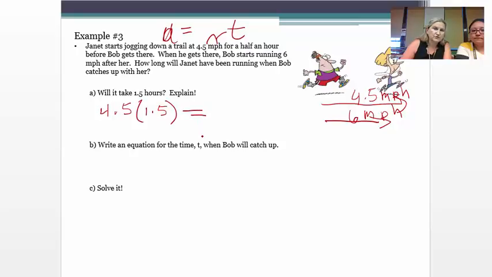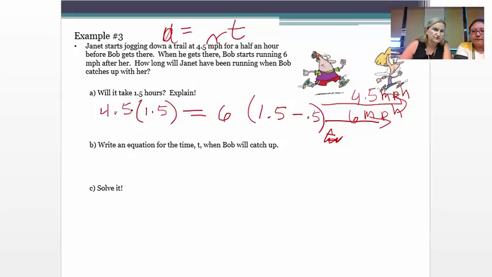Is it equal to Bob's distance? Bob's distance is 6 miles per hour times, remember he started half an hour later, 1.5 hours for Janet minus 0.5, so he'll be running for an hour.